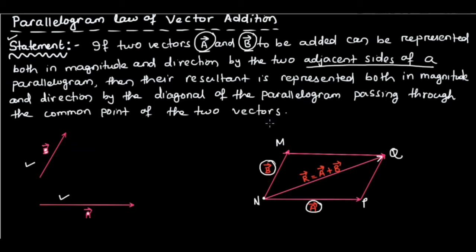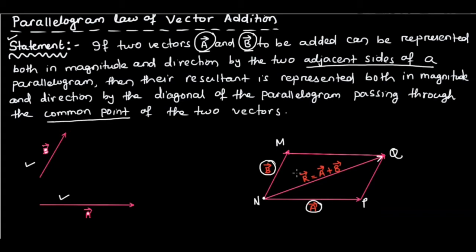Just look at the statement again. The resultant is represented both in magnitude and direction by the diagonal of the parallelogram passing through the common point of the two vectors. This point N is the common point of the two vectors A and B, so the diagonal which passes through this common point will represent the resultant vector both in magnitude and direction.